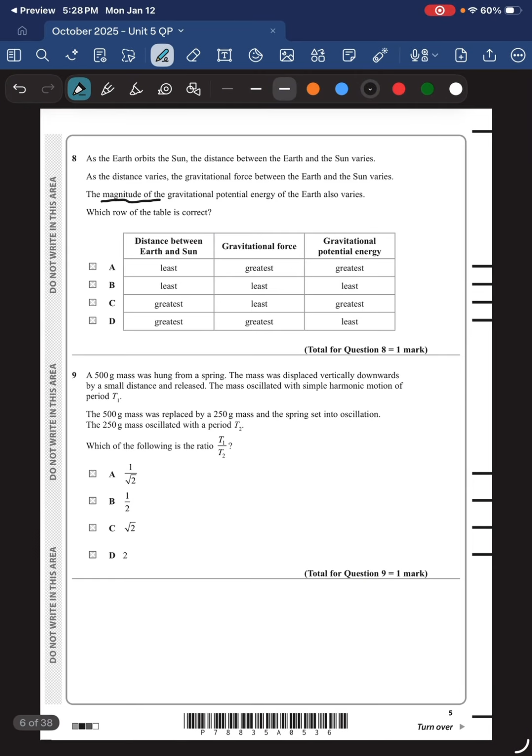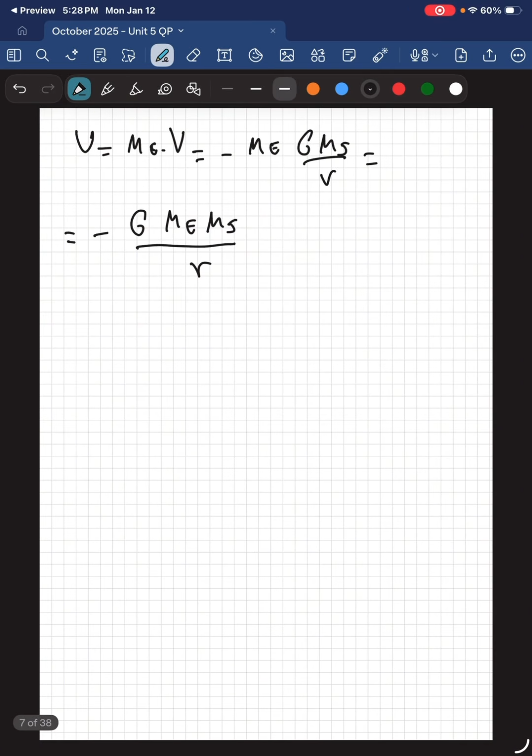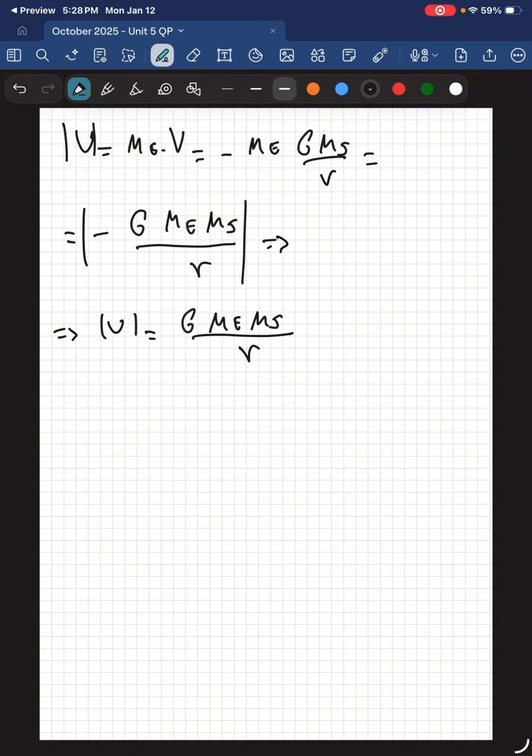But they tell us that we should work with the magnitude of the gravitational potential energy. So if we take the magnitude, we will simply have U equals G M_E M_Sun over R. And the gravitational force is simply given by Newton's law, G times the mass of the Sun times the mass of the Earth over R squared, okay?